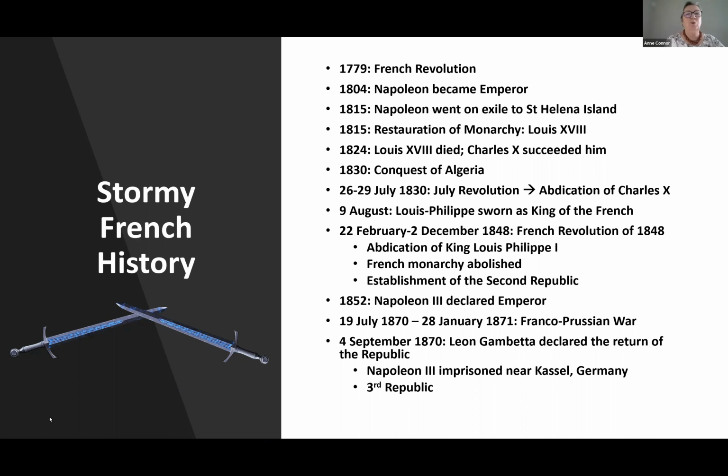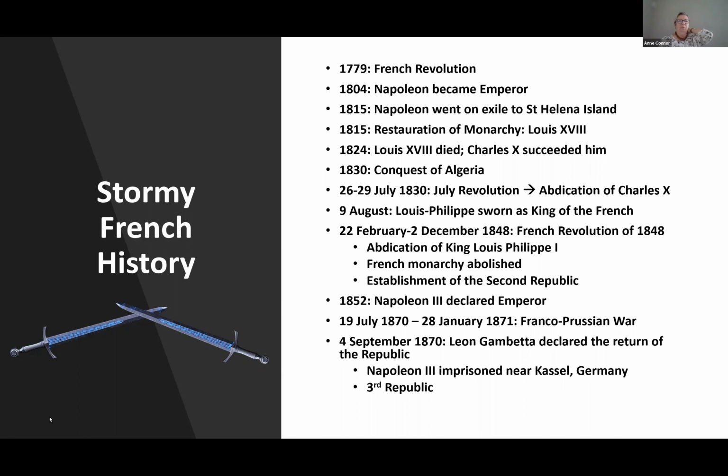He died in 21. So when he left, the monarchy was restored with Louis XVIII, a younger brother to Louis XVI. In 1824, Louis XVIII dies, and his brother Charles X succeeds him. But he will be booted out in 30 with the July Revolution.